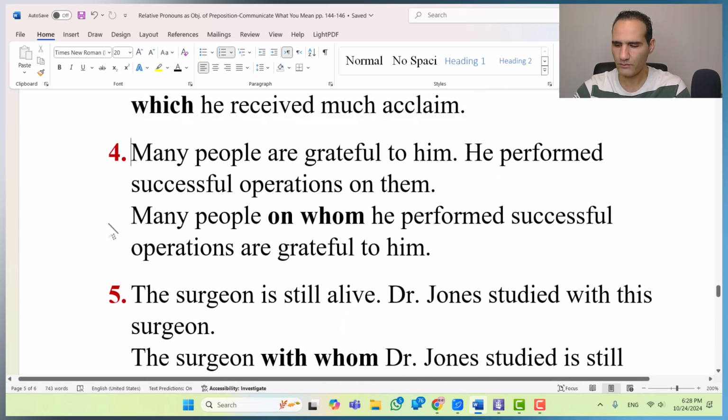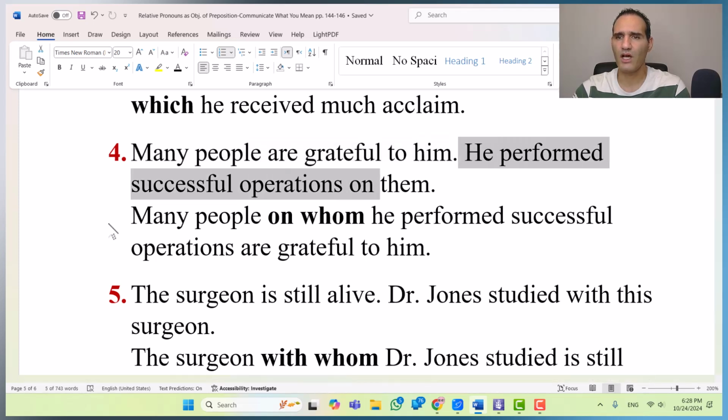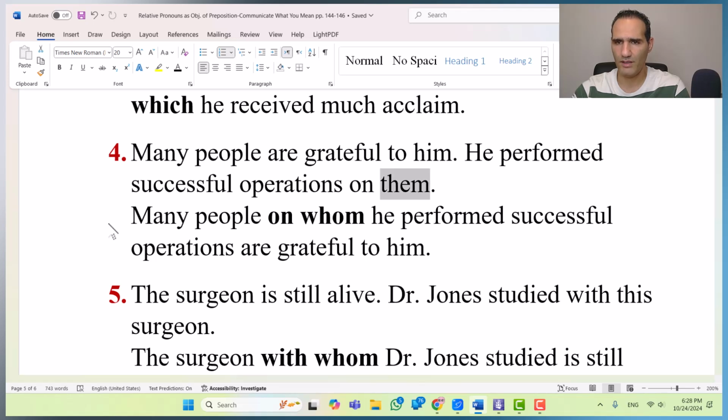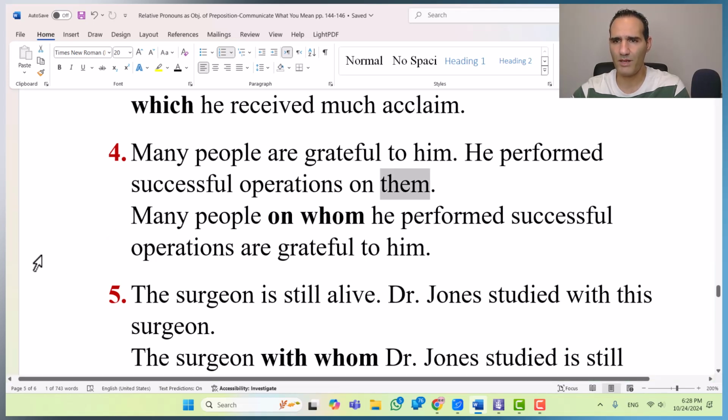Number 4. Many people are grateful to him. He performed successful operations on them. On them. So them is the people. So we bring the adjective clause after people, not at the end of the sentence. And it is people, so it should be on whom. See how I am constructing this for you?